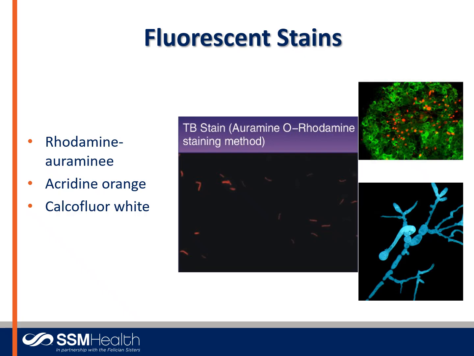They appear bluish white with a fluorescent microscope, and they just stain much better than using light microscopy, and you can be much more sensitive. All of the fluorescent stains really are very sensitive. You can stain and pick up very small numbers of organisms because the organisms will jump out and are much easier to see.